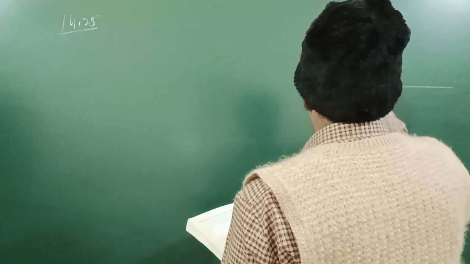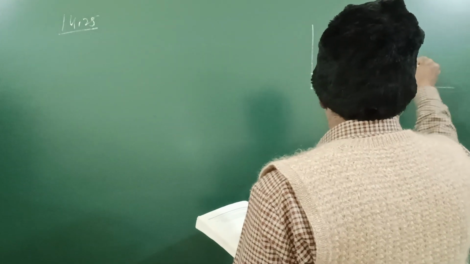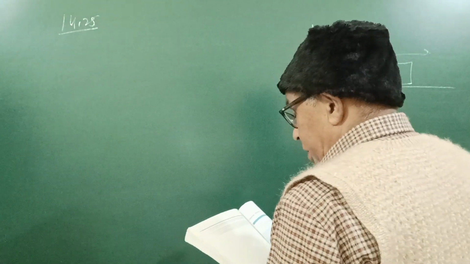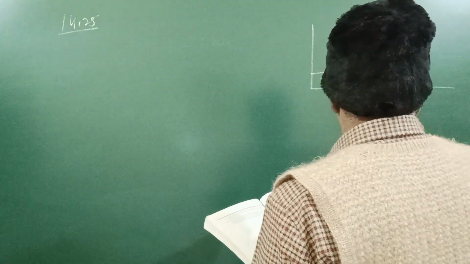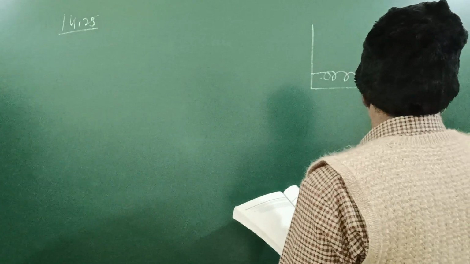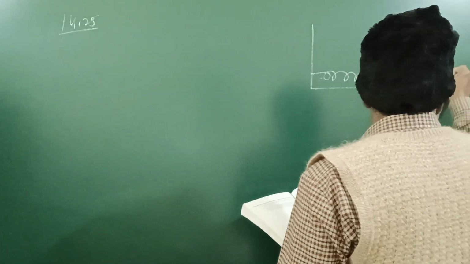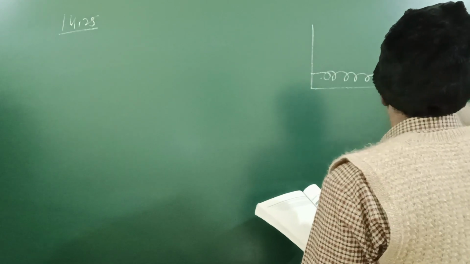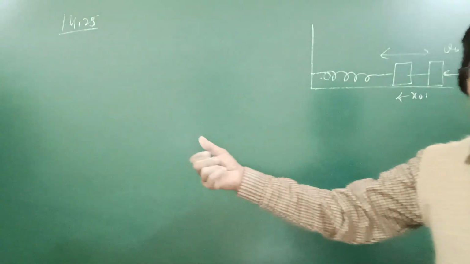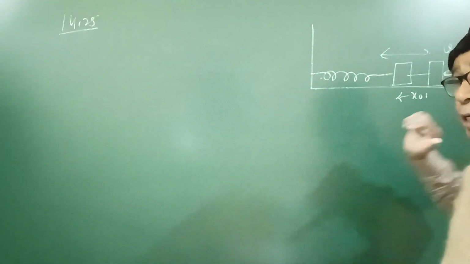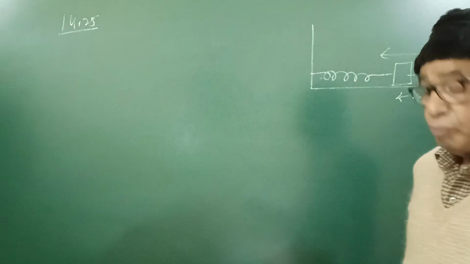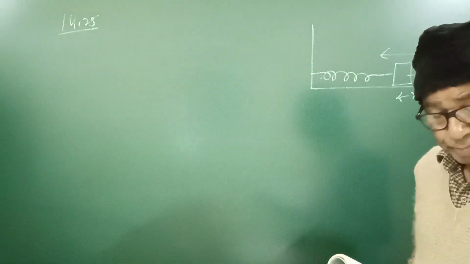Here a mass m is attached to a spring, placed here, it can oscillate to and fro. It is pulled to distance x0 and released and pushed with velocity v0. The mass is pulled by distance x0 and then given a push with velocity v0 towards the equilibrium position.